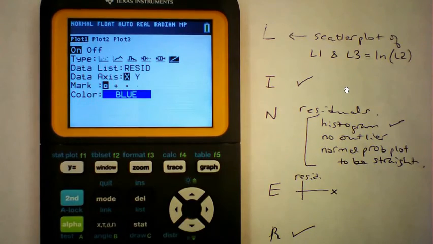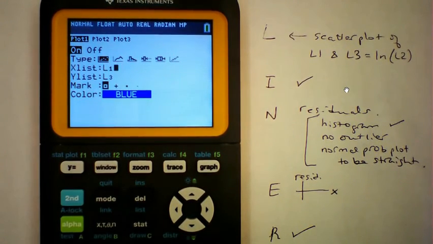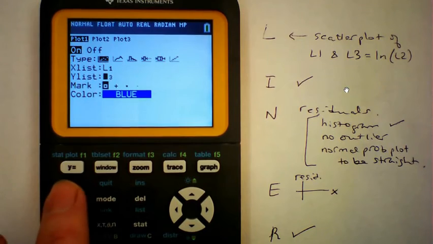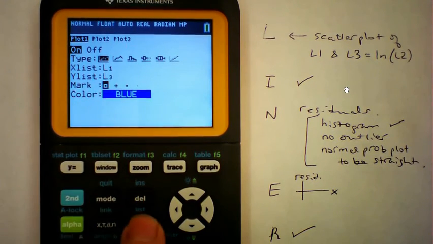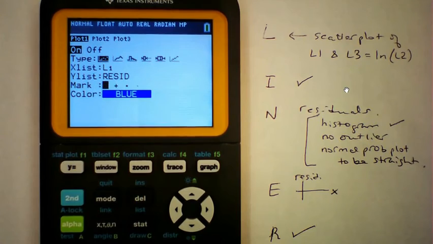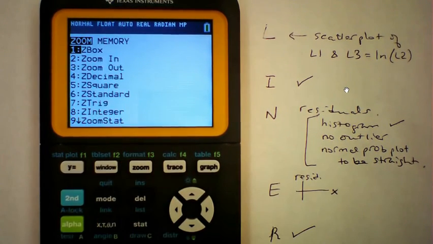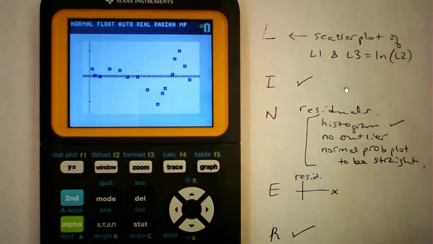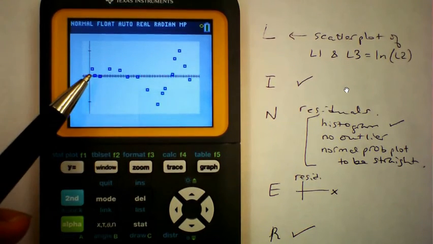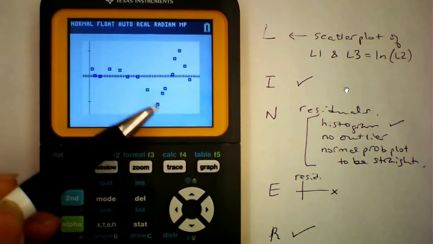So if I go in and do a scatter plot, now I've got to move my L1 back to there, and I need to bring the residuals in. So selecting the list, which is nice. And then if I hit ZOOM 9, I can see that plot. What's interesting about this is there definitely does appear to be a pattern.